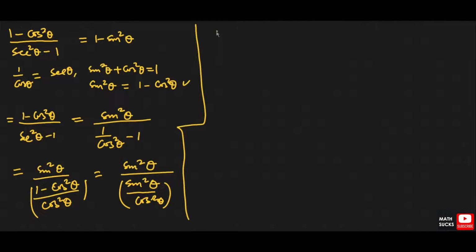So this is going to be equal to sine squared of theta divided by sine squared of theta over cos squared of theta. We change this to multiplication, so we take the reciprocal, and this is equal to sine squared of theta times cos squared of theta, everything over sine squared of theta.